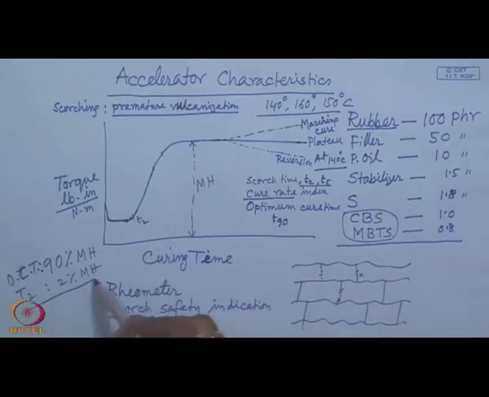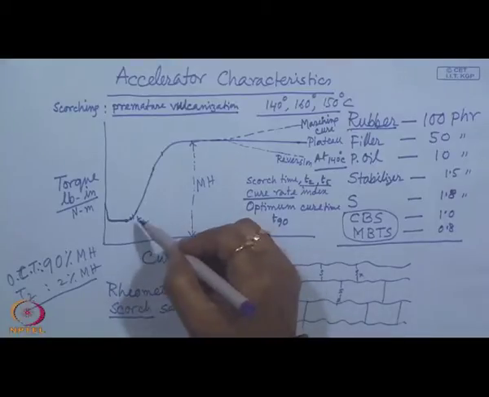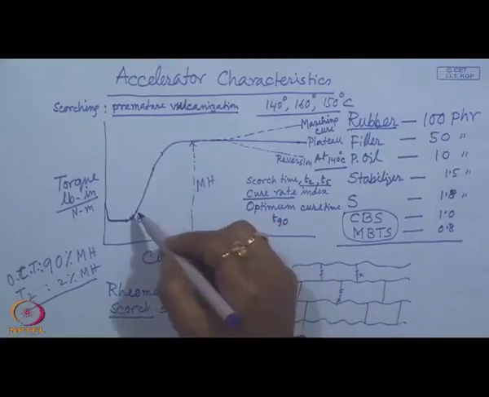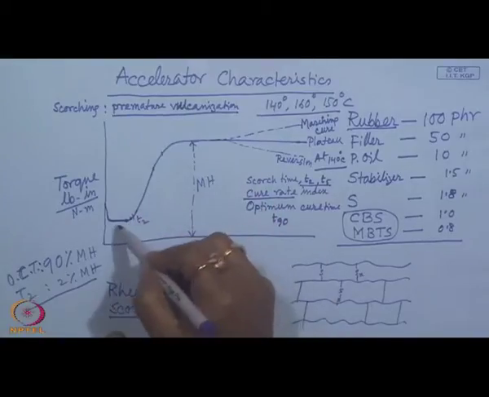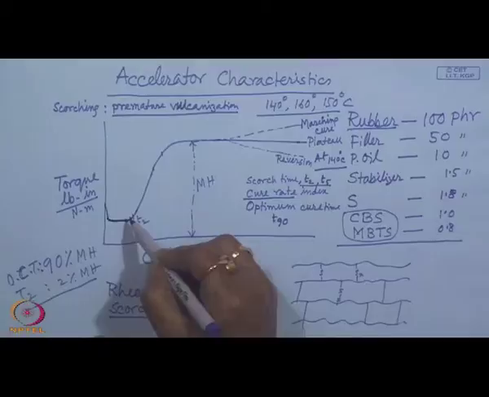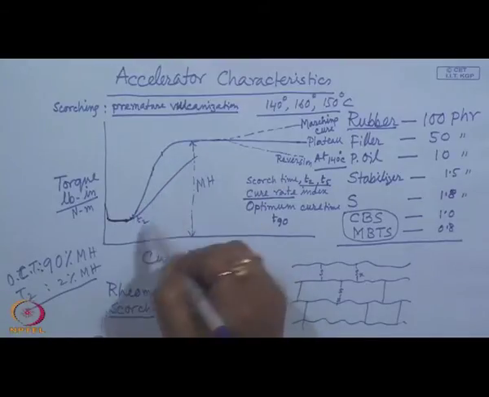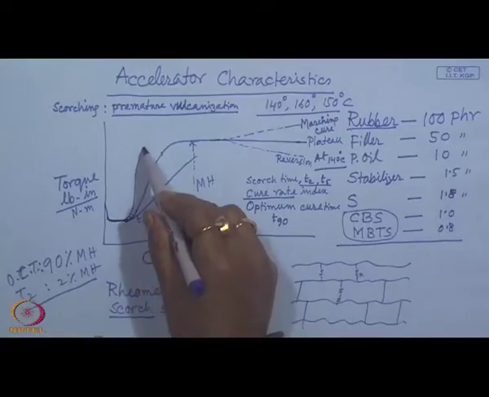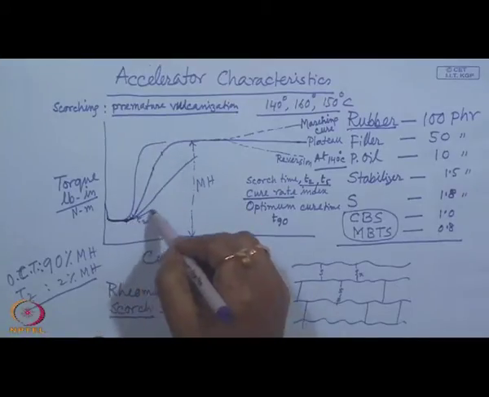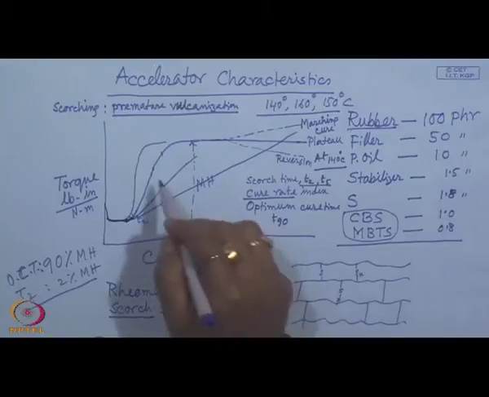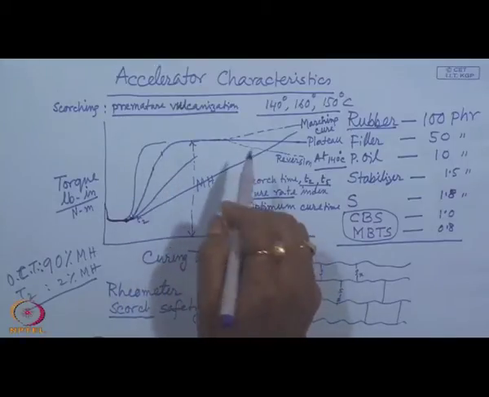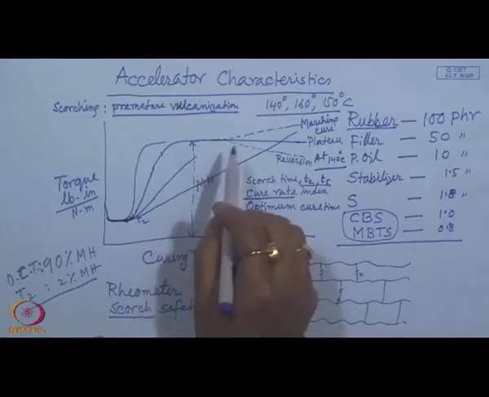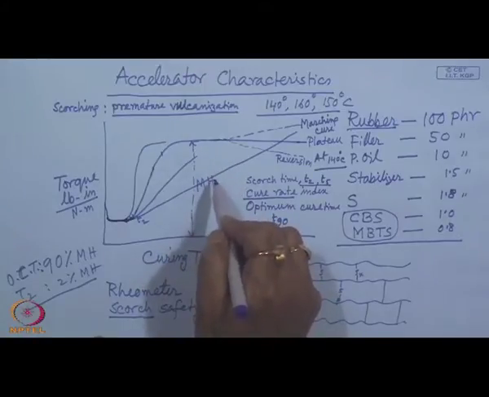Okay. So, this is one parameter, this is one of the accelerator characteristics, and the curve can rise this way, or this way, or this way. So, these are known as the characteristics. How this rubber compound starts curing or continues curing, that is the characteristic of the accelerator.